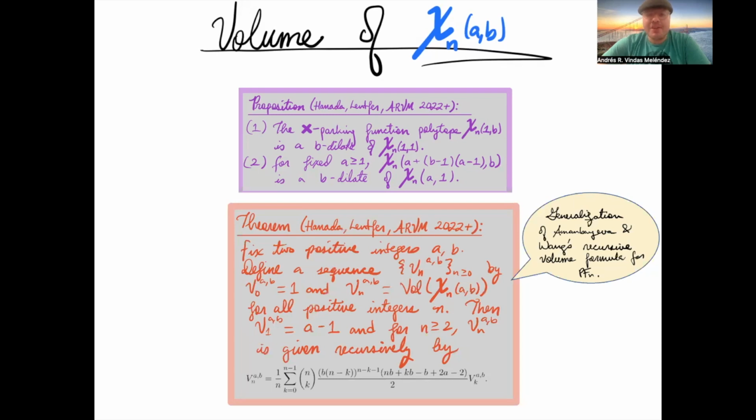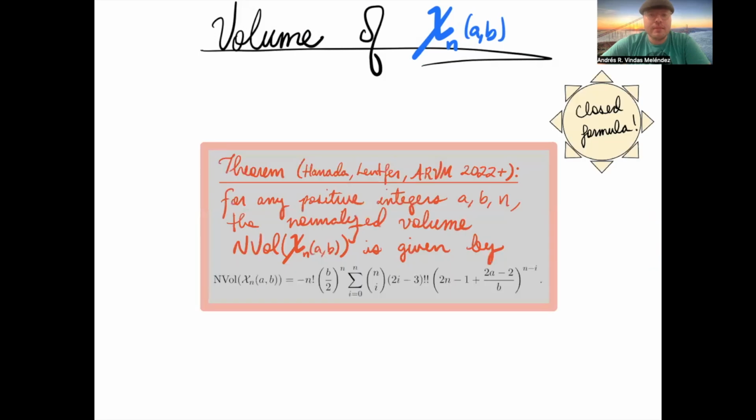But depending on your flavor of mathematics, you might not be satisfied with a recursive volume formula. So what we want is a closed form. And so that's what we give. We give arguably the simplest closed form that is known for this polytope.